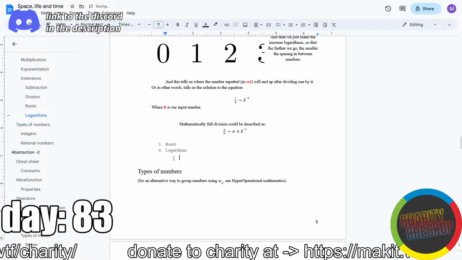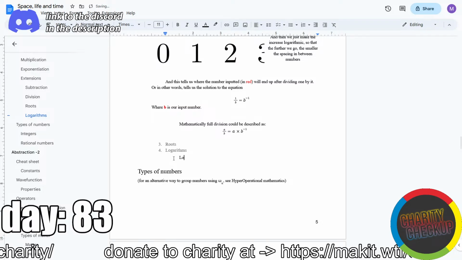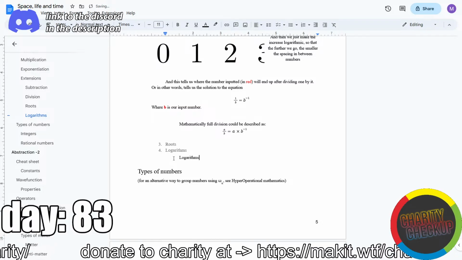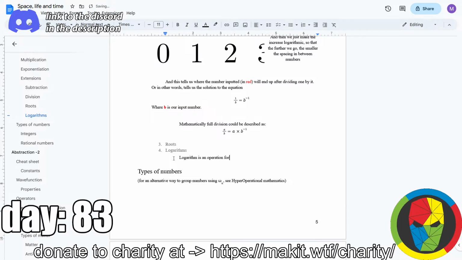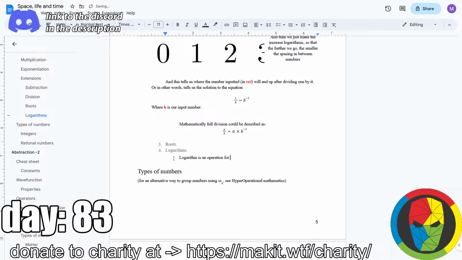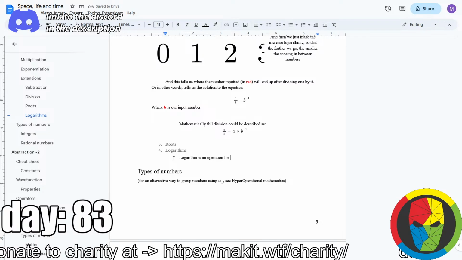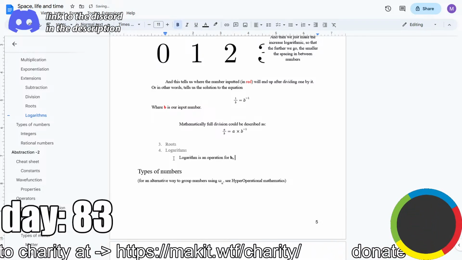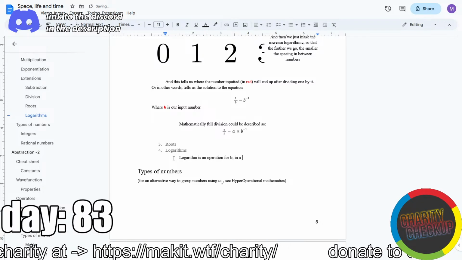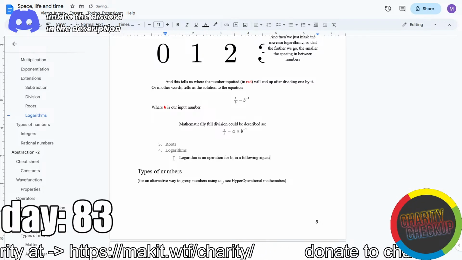Logarithm is an operation for, no wait, for b in the following equation.